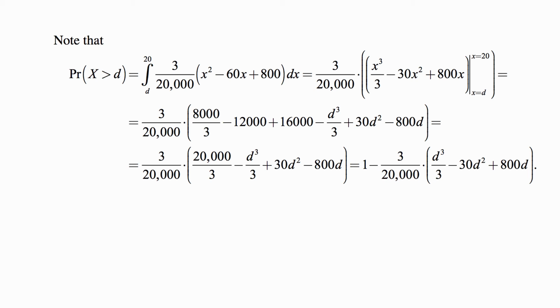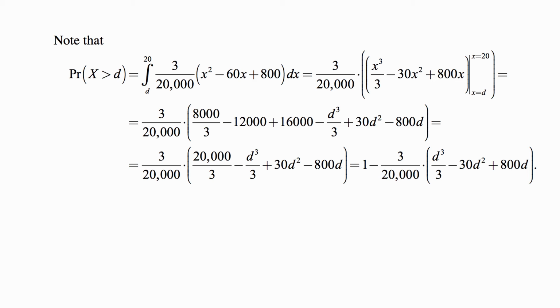And then this probability is equal to the integral from d to 20 of the density. Okay, the density is 3 over 20,000 times x squared minus 60x plus 800. So we integrate this function. Again, it's x cubed over 3 minus 30x squared plus 800x.